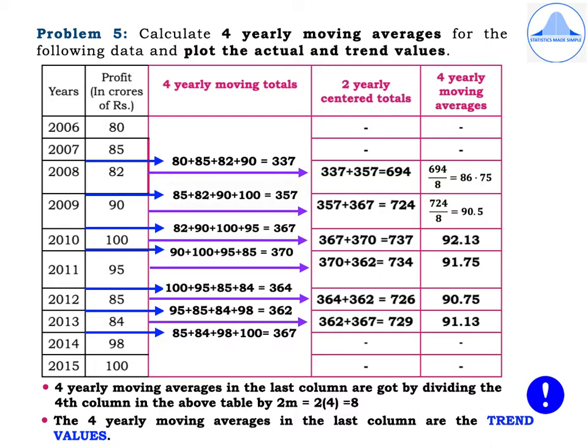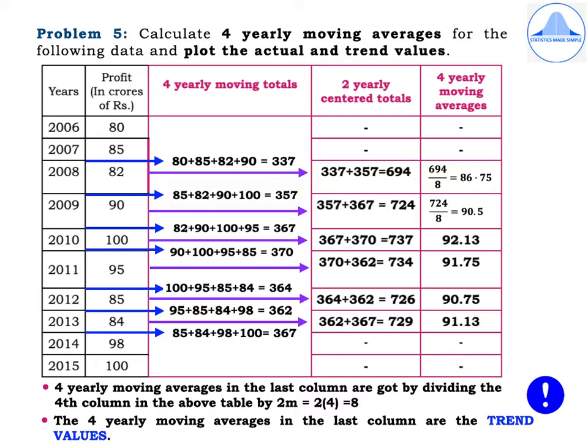Problem 5. Calculate 4 yearly moving averages for the following data and plot the actual and trend values. In the first column, we have the years 2006, 2007, 2008, which continues up to 2015. In the next column, we have profit in crores of rupees as 80, 85, 82, 90, 100, 95, 85, 84, 98, 100.